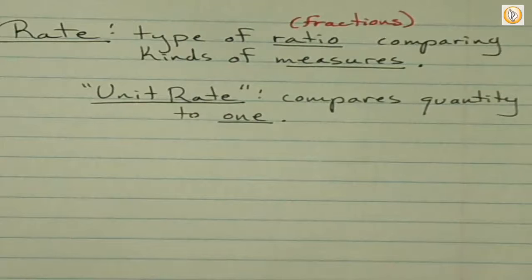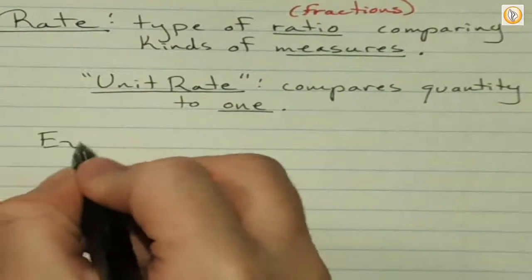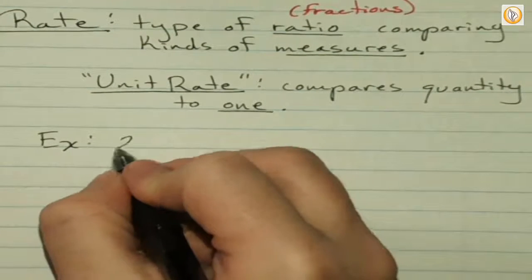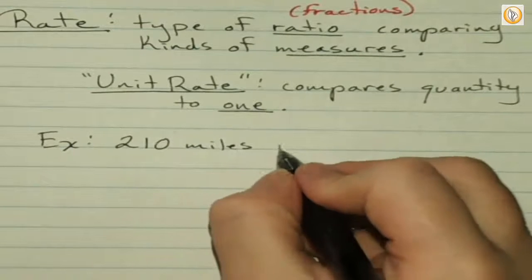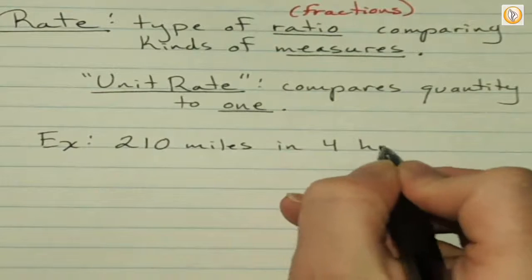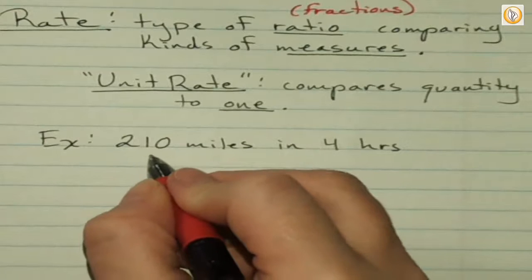Okay, so for example of a unit rate, 210 miles in 4 hours. Okay, you know what this is really asking? How many miles in 1 hour? Bingo.